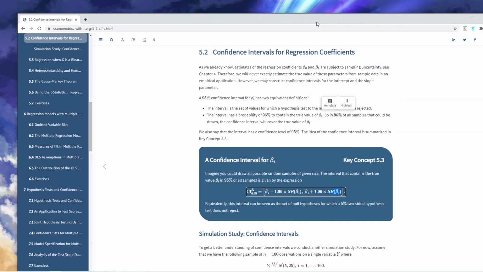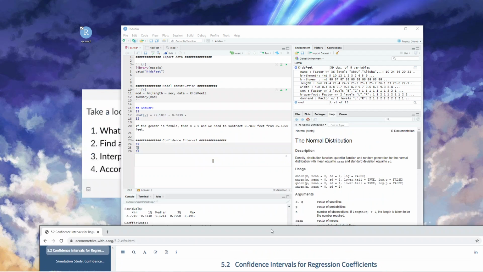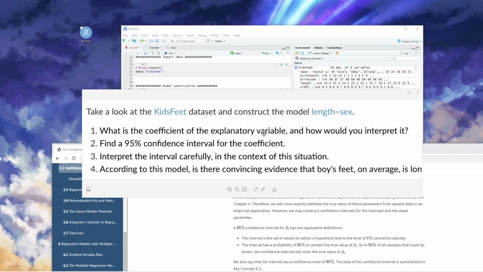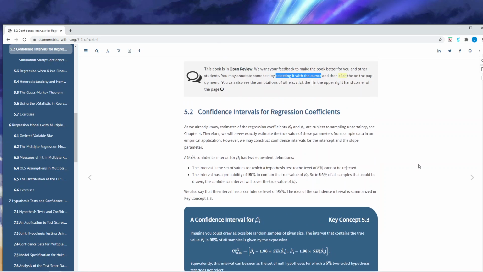If you go to this, you can see this is a 95% confidence interval, and what you need is your beta i, which in this case is just beta 1, because the question only asks for the explanatory variable, so we don't need to estimate the confidence interval for the intercept point. So we need the estimated value of the coefficients, and also the standard error for the coefficients. So what is a standard error?